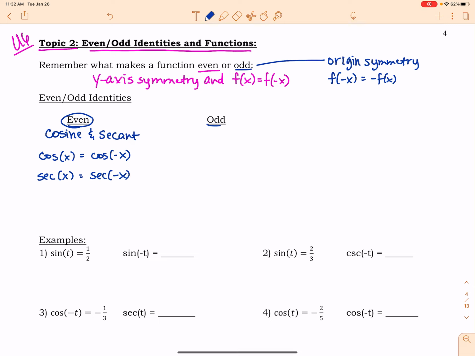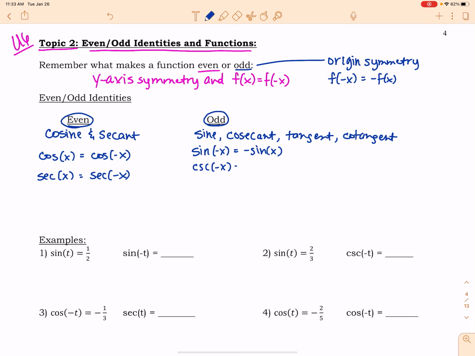Our odd functions are going to be all of the others. So we have sine, cosecant, tangent, and cotangent. Algebraically, what those would look like: sine of negative x equals negative sine x.